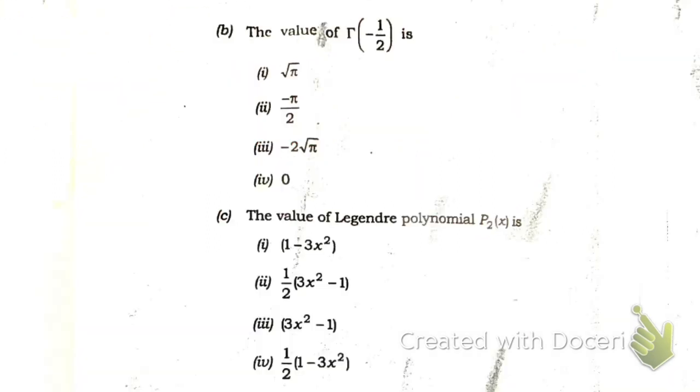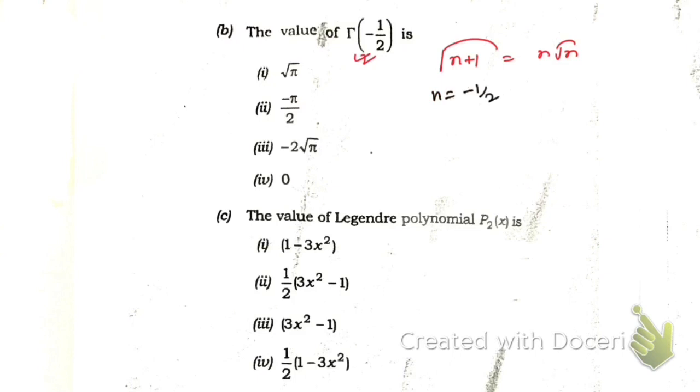Now what is the value of gamma of minus half? We know that the gamma function of n plus 1 is equal to n times gamma of n. So now replace the value of n by minus half.